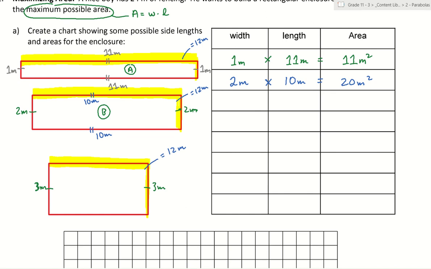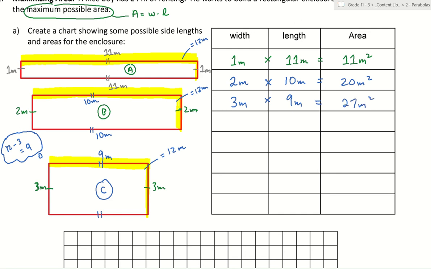Well, I know that you guys can figure this out here. I just want to link this to the algebra we're going to be doing pretty soon. We have 12 meters that we want the width and the length to add up to. So if I go 12 minus the width, what's left over is 9 meters for that top section. Okay, so I subtract it from 12. All right, so let's put that in here. So this is C, 3 meters times 9 meters, 27 meters squared. So that's even better, so the dog's happier.